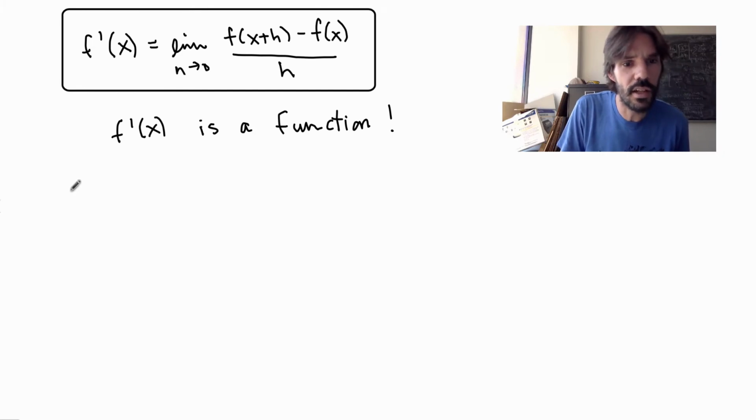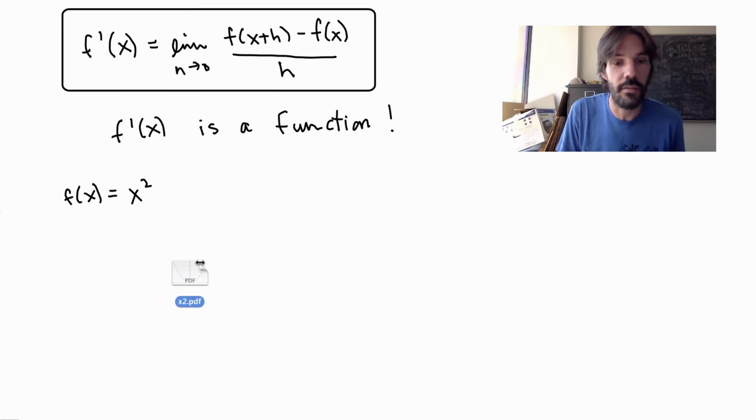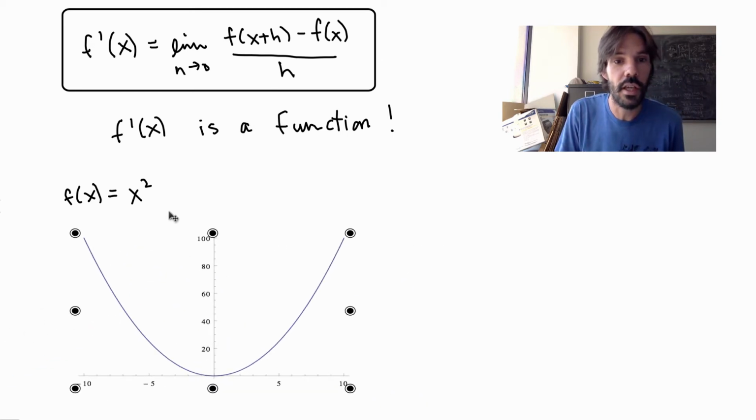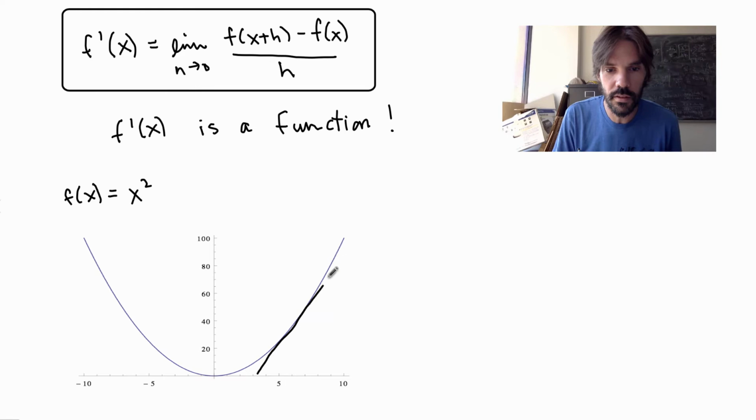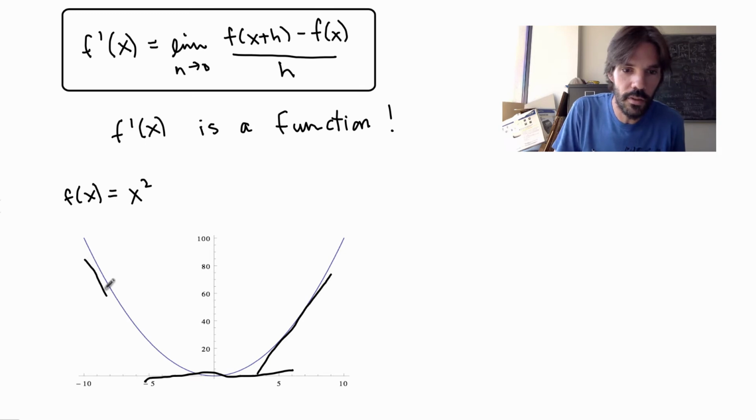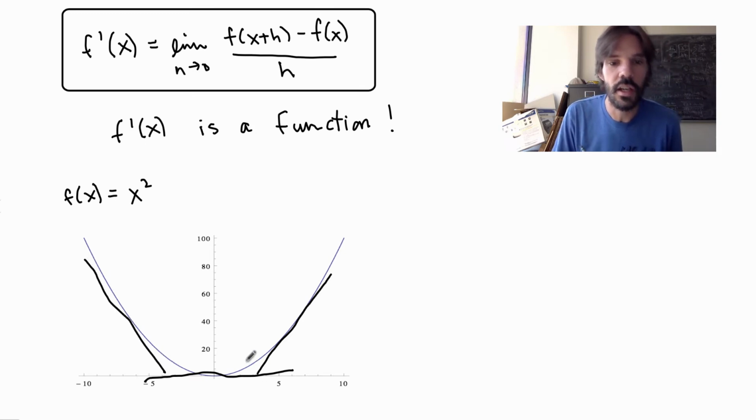So let's see how that goes in our previous example. I chose my function f of x as being the square function, and I had the following graph for my function here. Well, I can look at the derivative at arbitrary points. For example, here I'll get the slope of this tangent line. Here I would get the slope of the tangent line here, and the slope of the tangent line here, and so on.